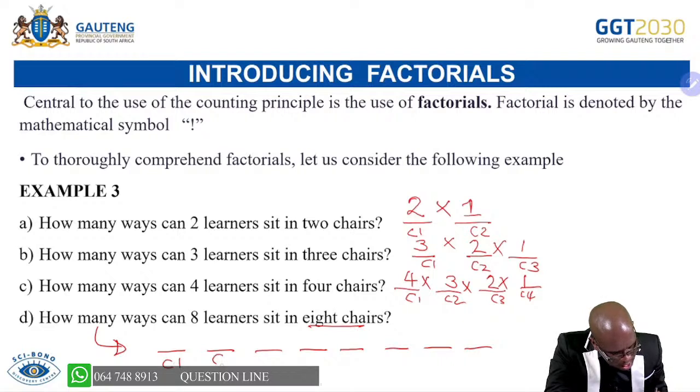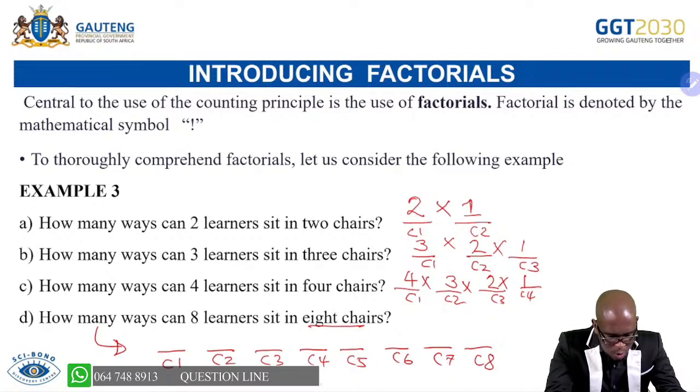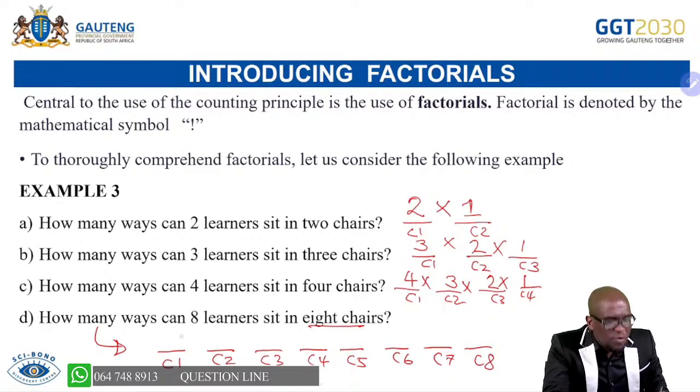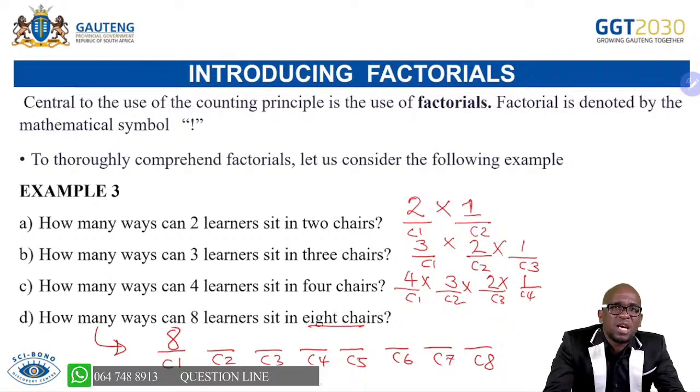Here it would be chair 1, chair 2, chair 3, chair 4, chair 5, chair 6, chair 7, and chair 8. So now what we do is, for the first chair, because there are 8 learners, there are 8 options, because any of these learners can sit in the first chair.